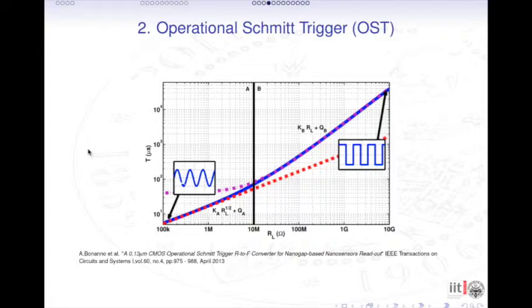In fact, this is the characteristic of the operational Schmitt trigger converter. It is linear in two regions, region A and B, following two expressions with two different coefficients, KB and KA.